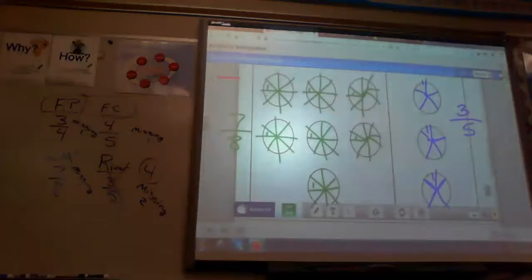Which one is the next smallest amount? Go ahead and talk with your partner. Which one is the next smallest and why?